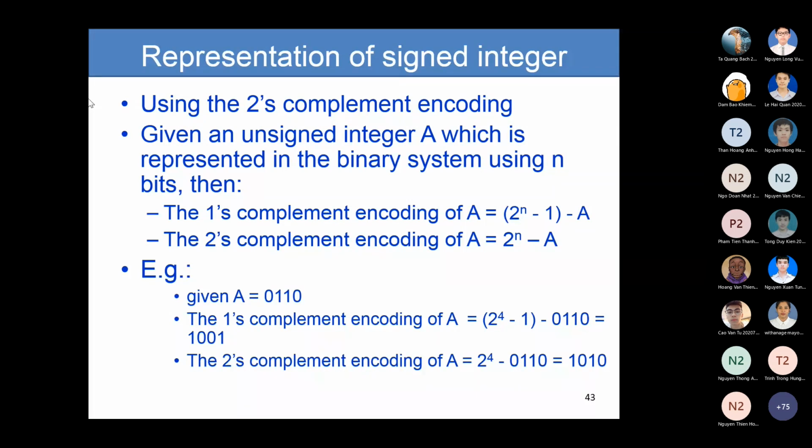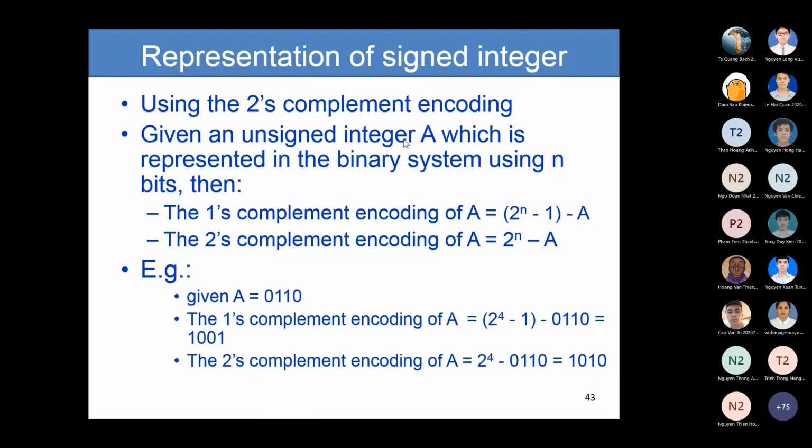Given an unsigned integer A, it means A is positive, right? We can easily represent A in the computer by converting A from decimal into the binary system.